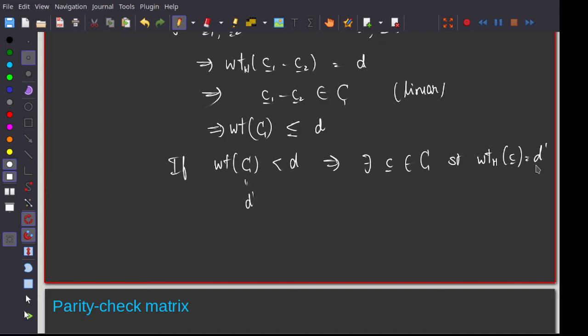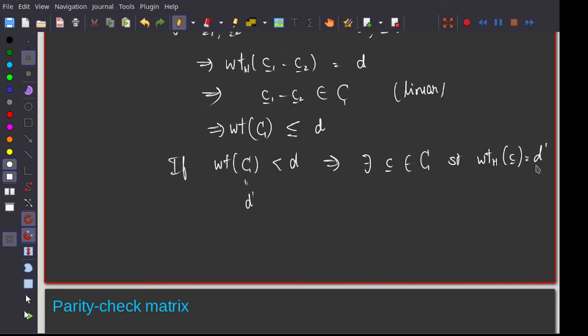Correct. Okay, can you give me a more explicit pair of code words? Very simple. If I give you a linear code, there is always going to be one code word which is part of every linear code.